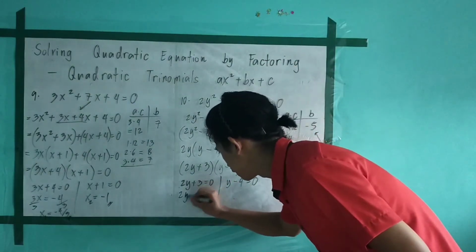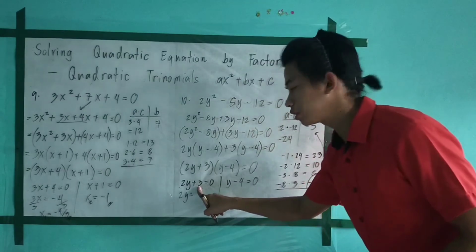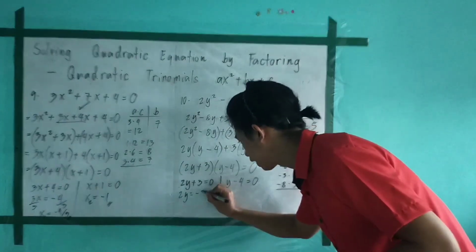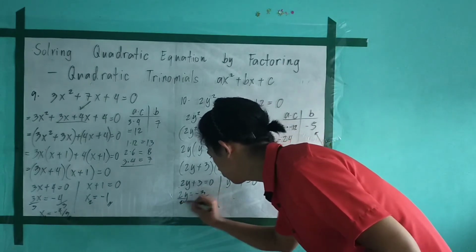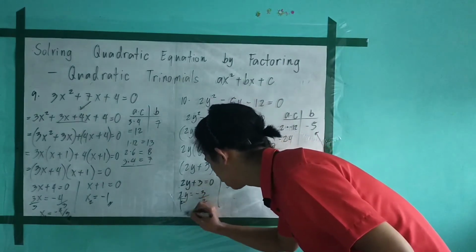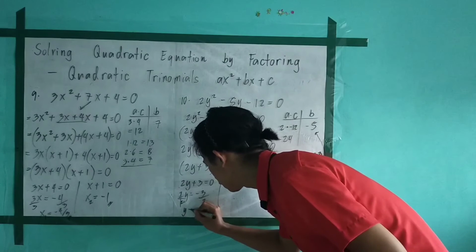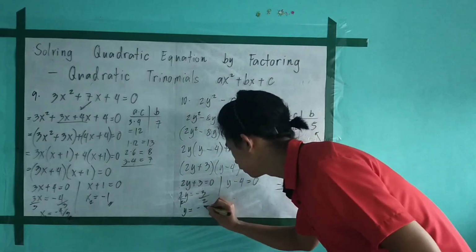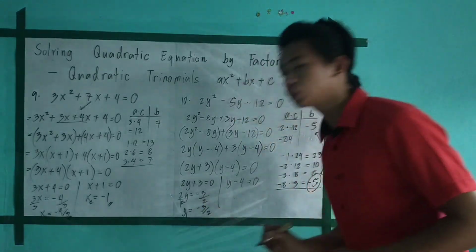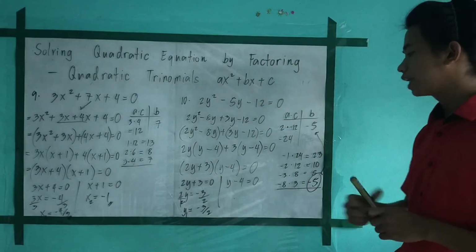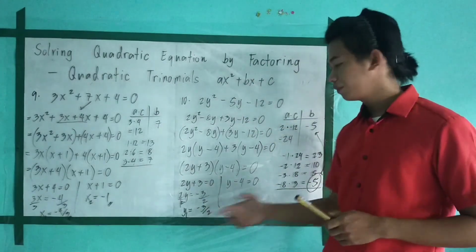So, 2y is equal to negative 3. Transpose natin magiging negative 3. Then, divide both sides by 2. Cancelled. Our variable y now is equal to negative 3 halves. Our first solution, y sub 1 is equal to negative 3 halves.